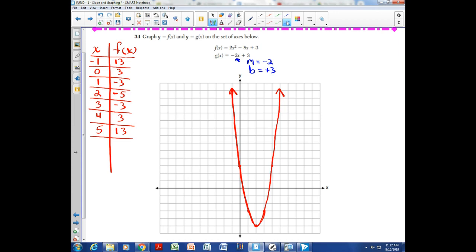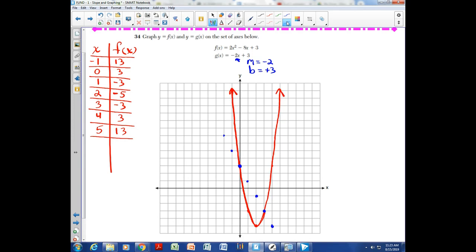If you're good at working with the m and b of a line, you could find the y-intercept, which is 1, 2, 3. And then do a slope of -2, which is down 2 across 1, down 2 across 1, down 2 across 1, or in the opposite direction, which is up 2 to the left 1.